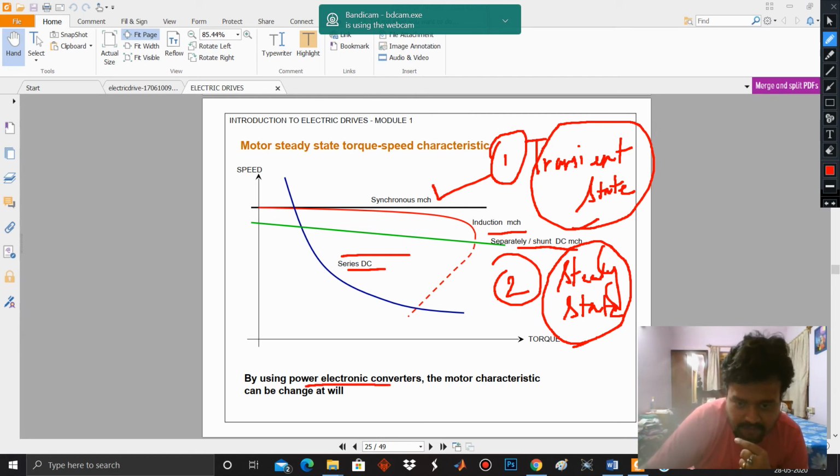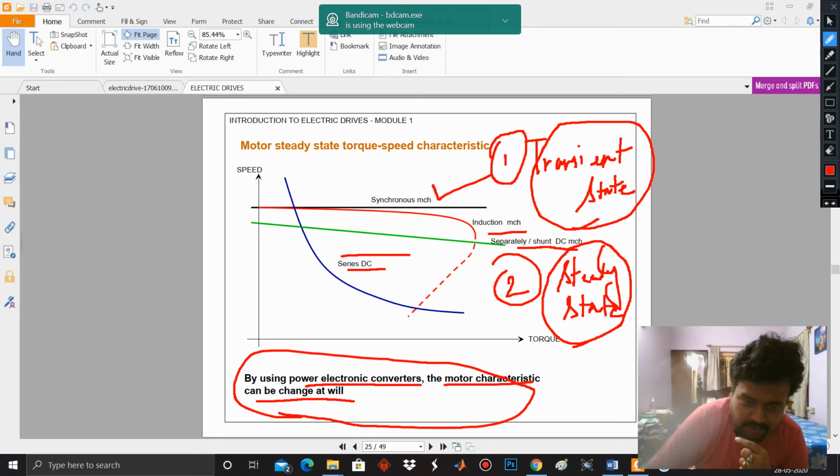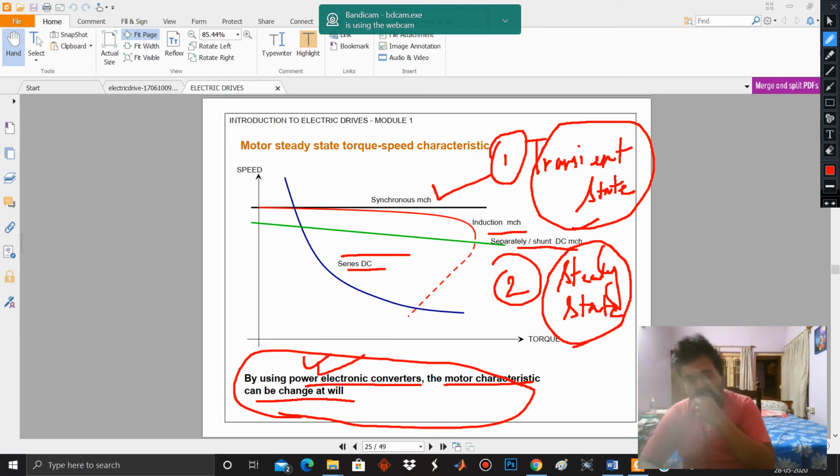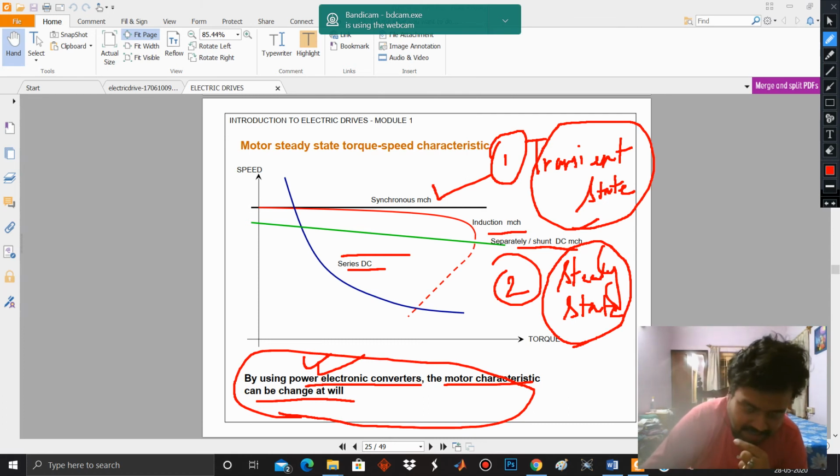By using power electronic converters, the motor characteristics can be changed at will. This is very important. That is the importance of power electronics. When you interface power electronic converters with electrical machines, it becomes a flexible electrical drive, and you can change the motor characteristics at your will. This is very important.